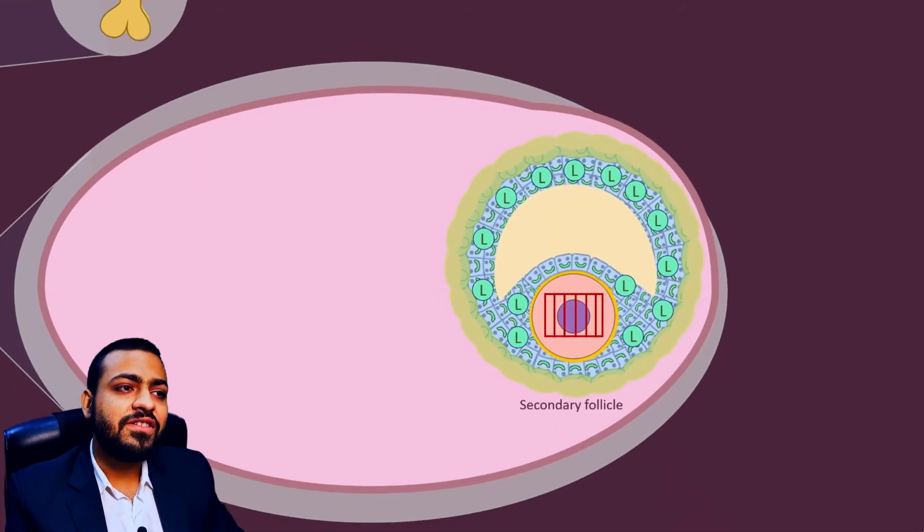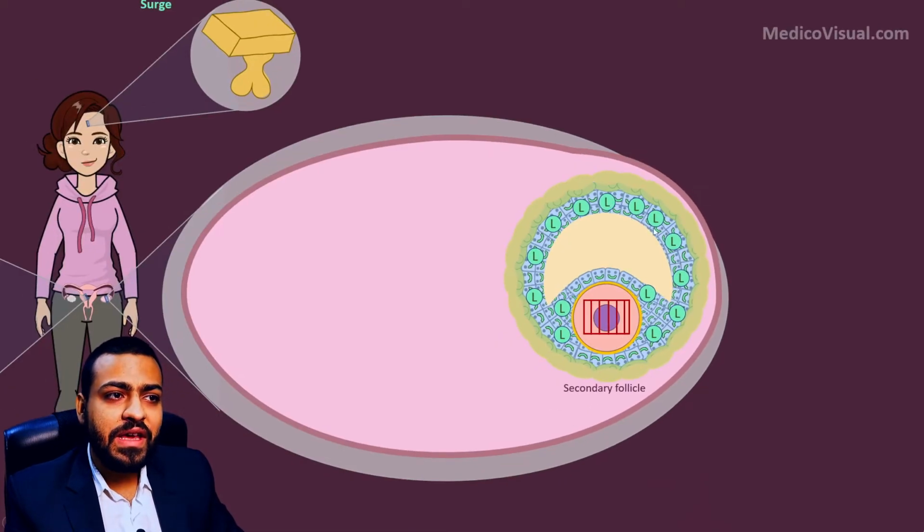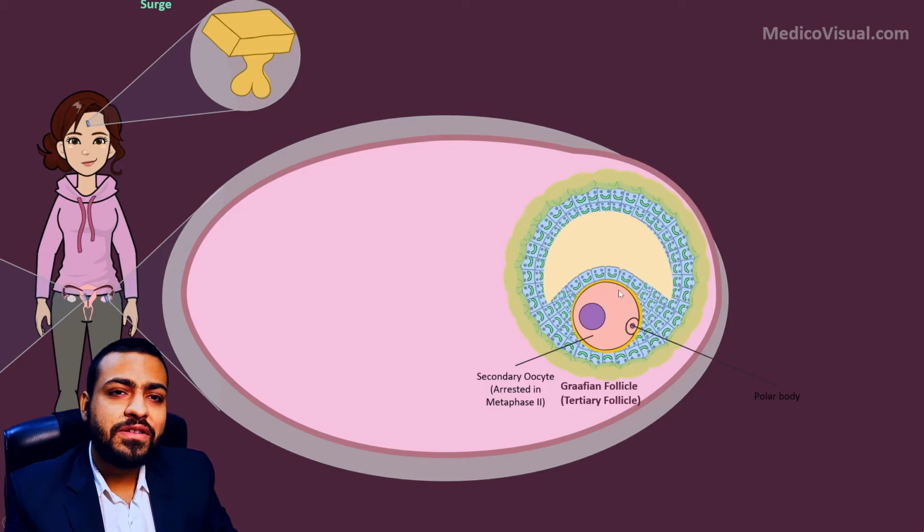What I think of all this story is that this LH, which is luteinizing hormone, is like the lieutenant general of the army, right? It is like the army chief who is ordering these policemen, granulosa cells or follicular cells, who arrested the primary oocyte. So the army chief, LH, will order these policemen to release the arrest, and on the order of this general they will release it, and the oocyte will complete meiosis 1 and form the first polar body.